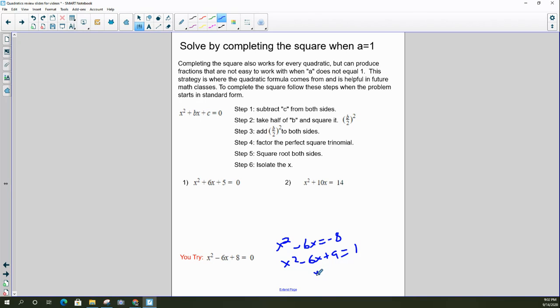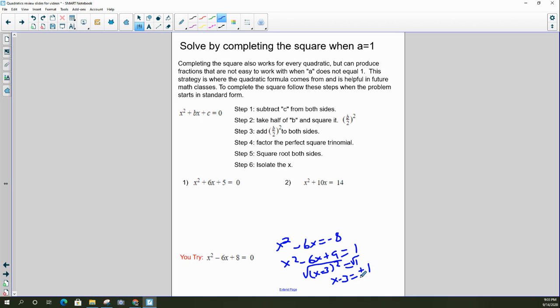Factor that, that's x minus 3 squared equals 1. Square root both sides. So I get x minus 3 equals plus or minus 1, because the square root of 1 is 1.